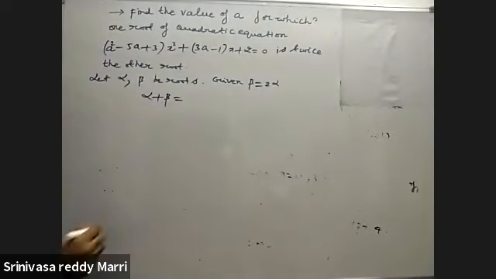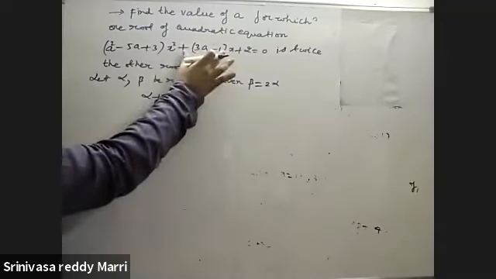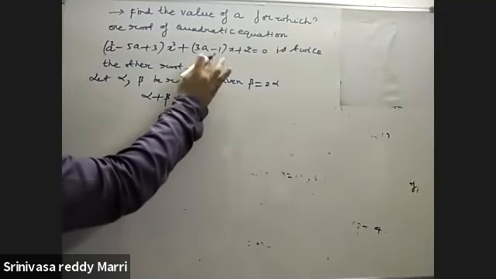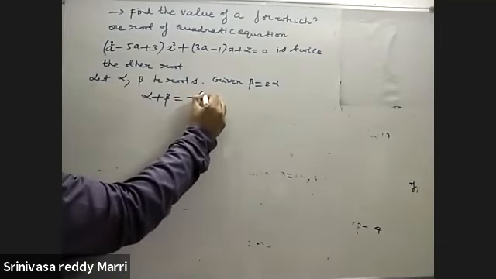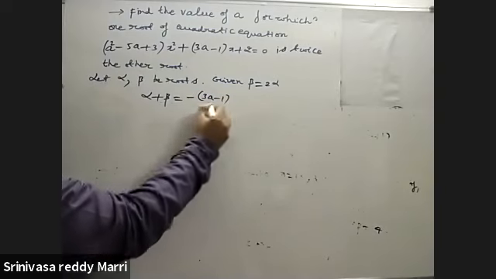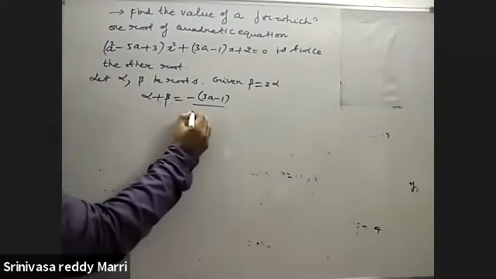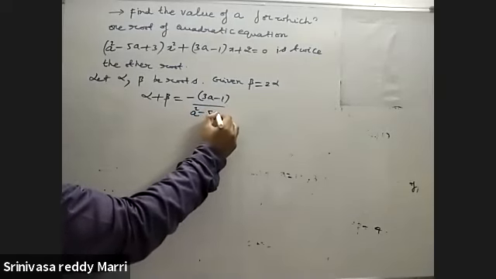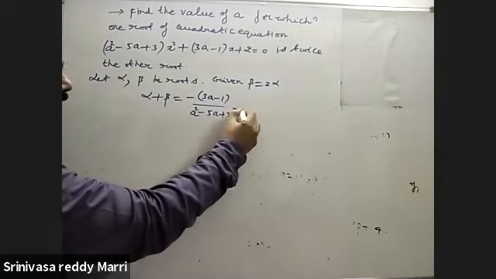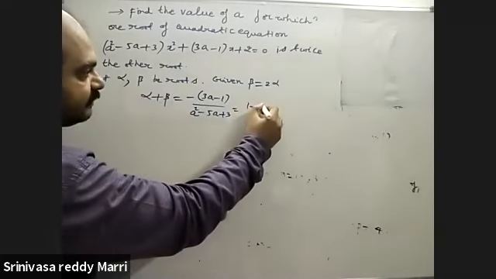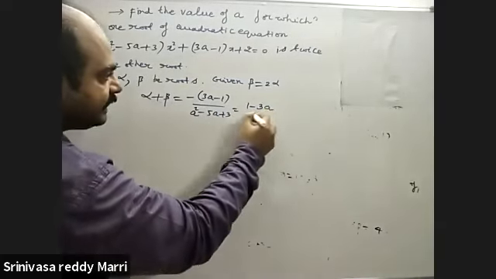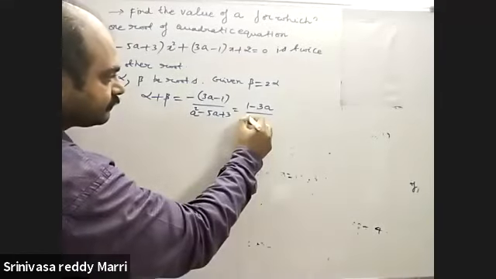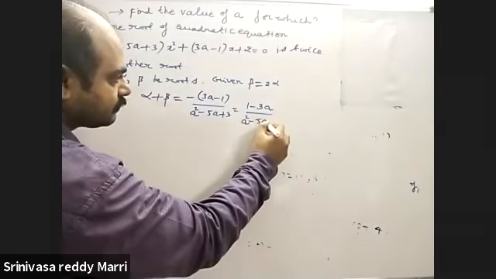First we will write the relation. Alpha plus beta is minus b by a. Here b is 3a minus 1, so minus of 3a minus 1 divided by a square minus 5a plus 3. That is nothing but 1 minus 3a over a square minus 5a plus 3.